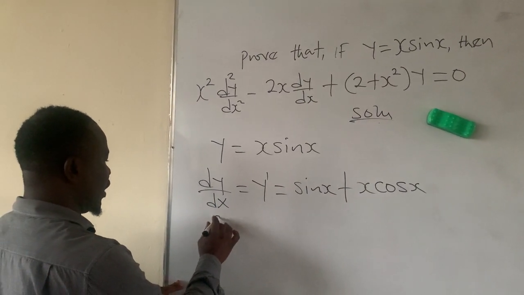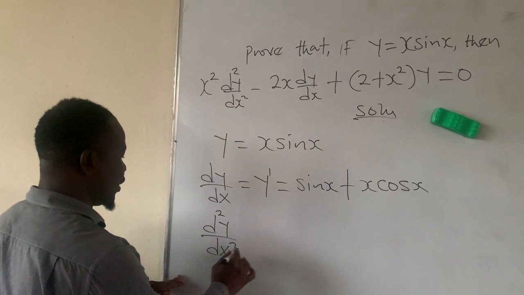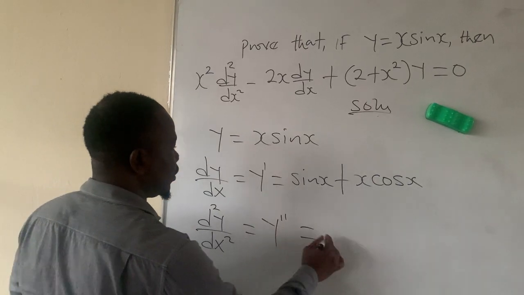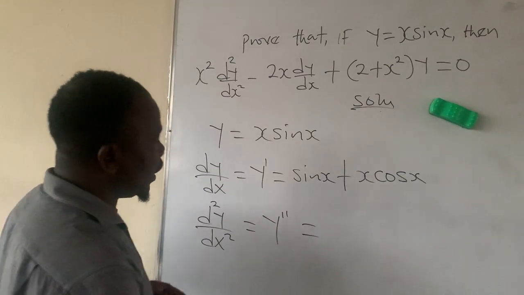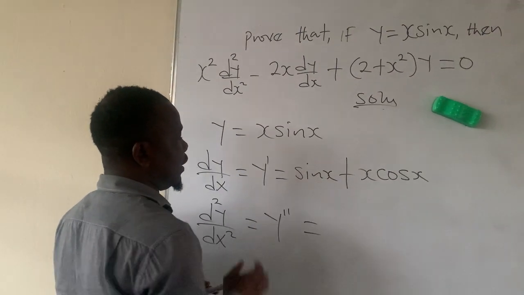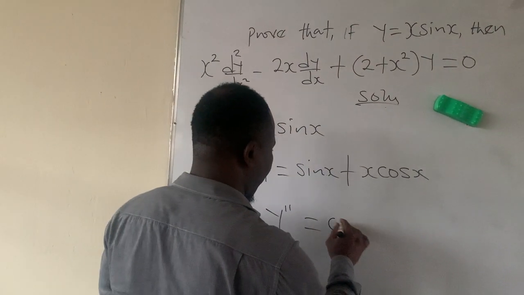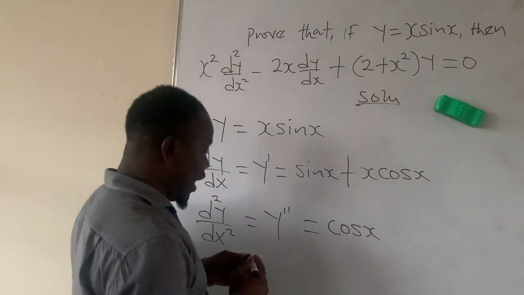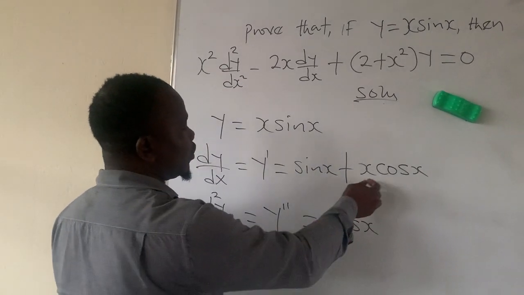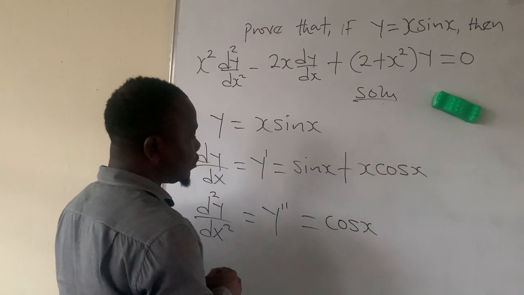It means we are going to have d squared y over dx squared, which is the same thing as y prime prime, is equal to, here we will differentiate sine x. If we differentiate sine x, it will give us cos x. Then here we have two functions. We are going to differentiate one after another.